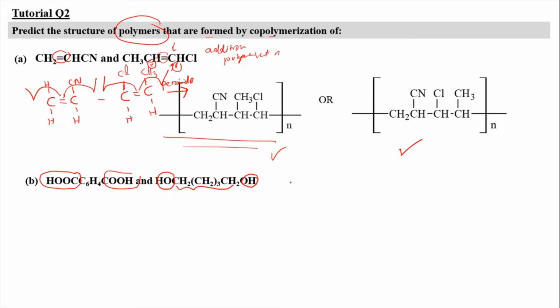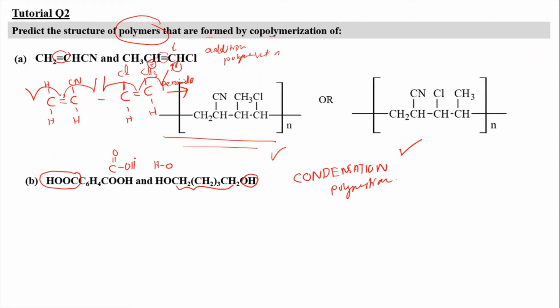So from here, there isn't any carbon-carbon double bond. So you know that it will undergo condensation, because it's going to eliminate a small molecule. Condensation polymerization. Okay, so in the condensation polymerization, what they're going to do here is that the C double bond O, OH from the carboxylic group, and here is alcohol.